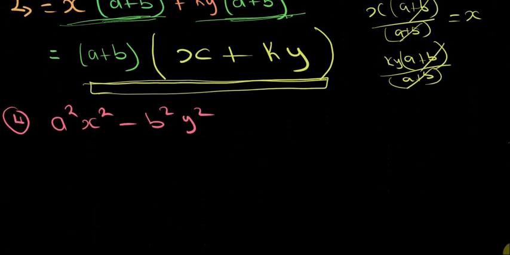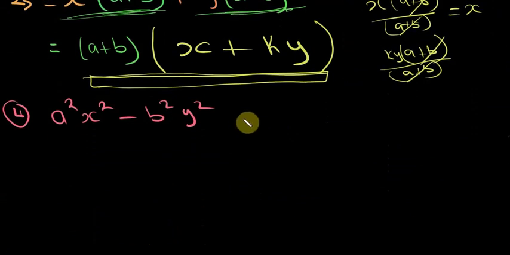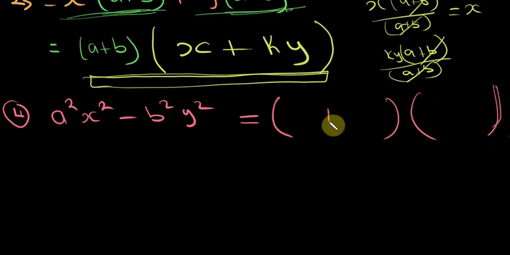Okay. So let's do this one. Just by looking at it, I can already see it's a difference of two squares. But if you don't know what a difference of two squares is, just know that you have two binomial factors. One has a plus as a sign, the other one has a minus.